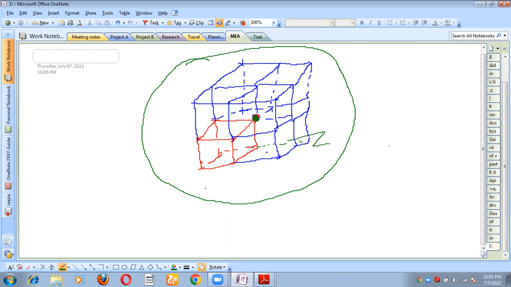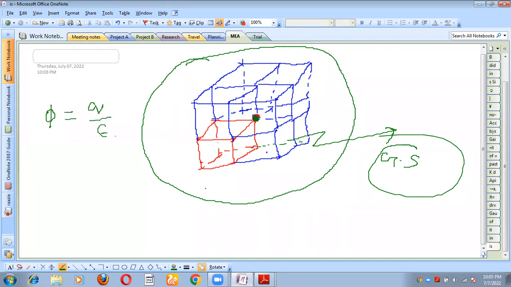Now it becomes very easy to apply Gauss law. What does Gauss law say? Phi is equal to total charge Q by epsilon naught. Correct. Phi is equal to Q by epsilon naught.